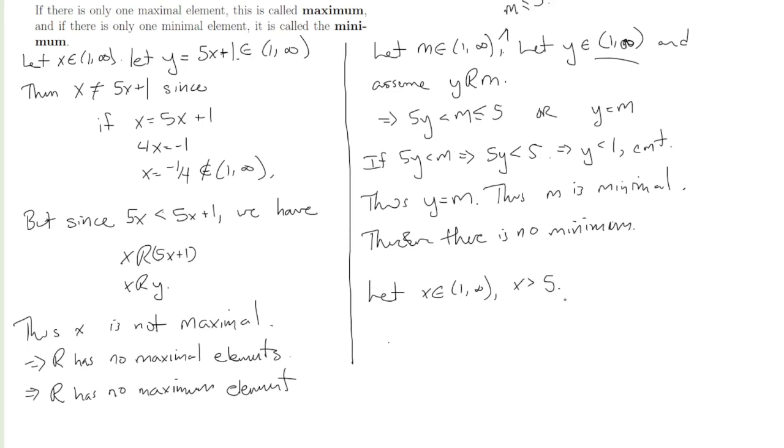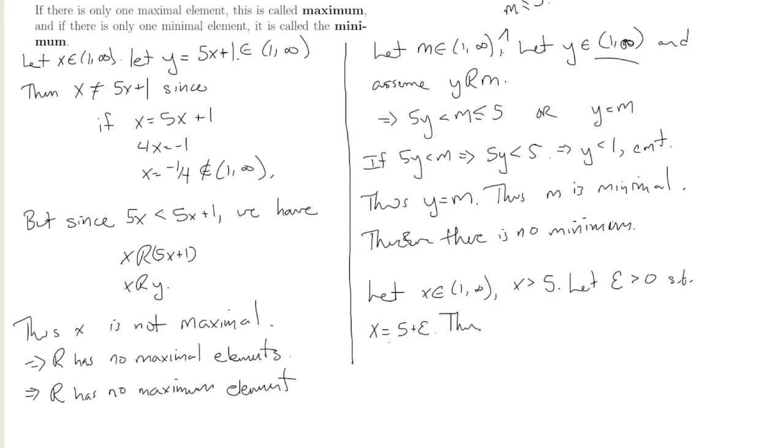Okay. x is bigger than 5, so I'm going to use epsilon, greater than 0, such that x is equal to 5 plus epsilon. Okay? The epsilon is the little bit bigger that x is than 5. That's what I'm interested in.